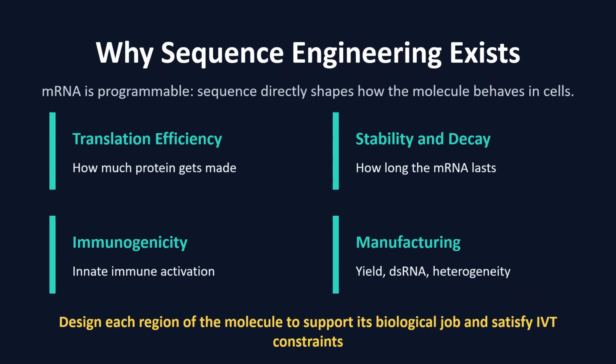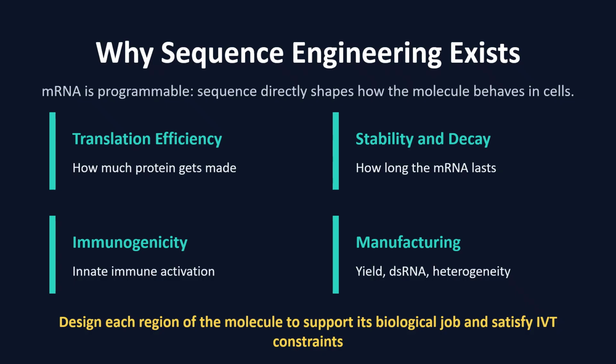So, why does this sequence engineering even exist? Because the sequence determines the behavior of the molecule. Every nucleotide choice affects protein output, mRNA lifetime, immune response, and the manufacturing yield, for example.